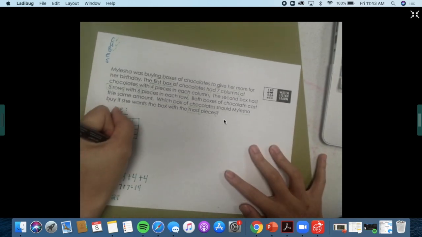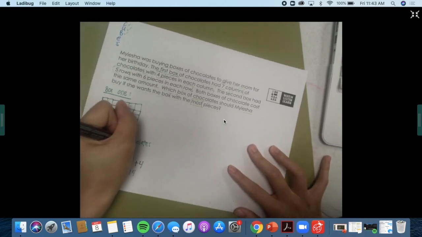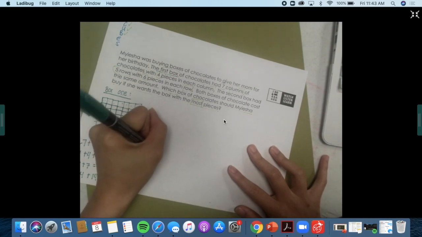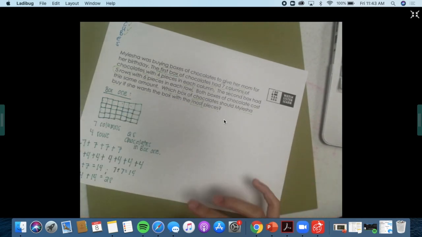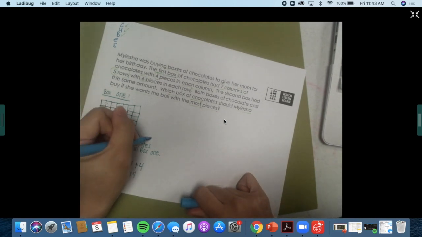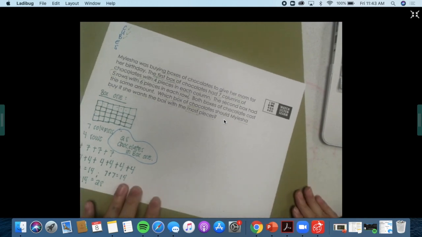I'm going to circle that in blue so I can tell the difference. Well, now I have to figure out how many chocolates are in box 2.